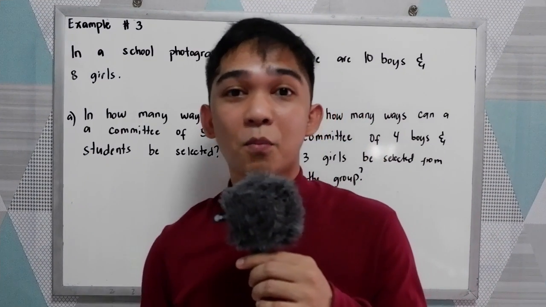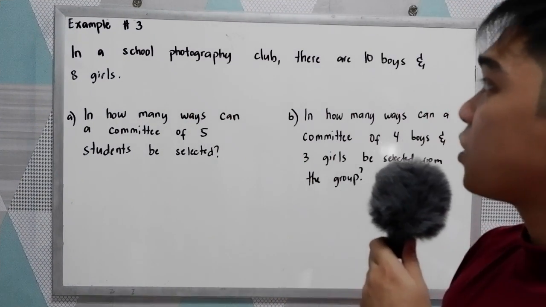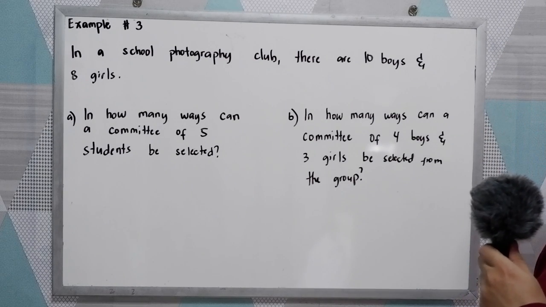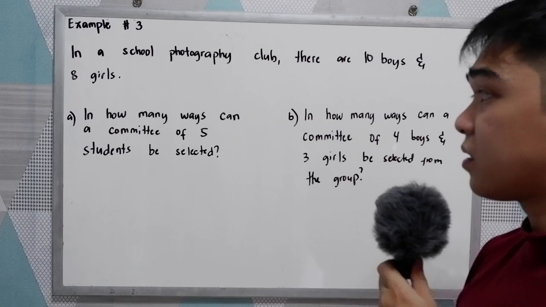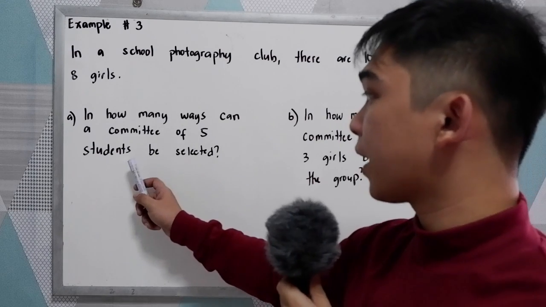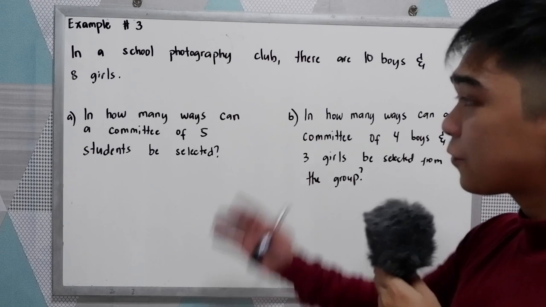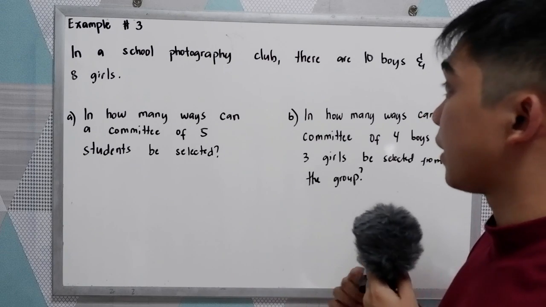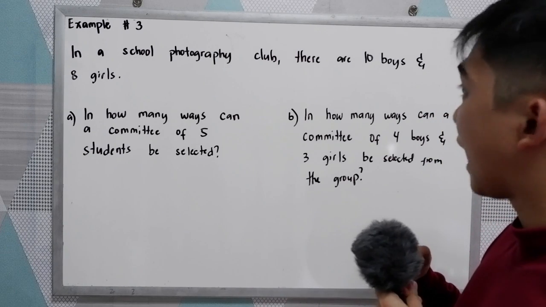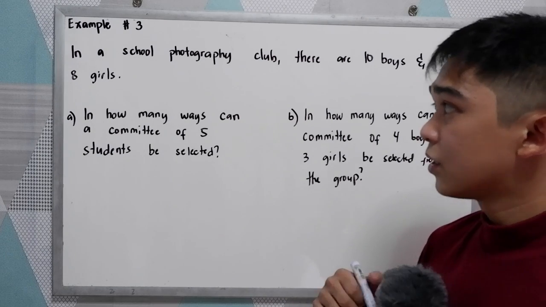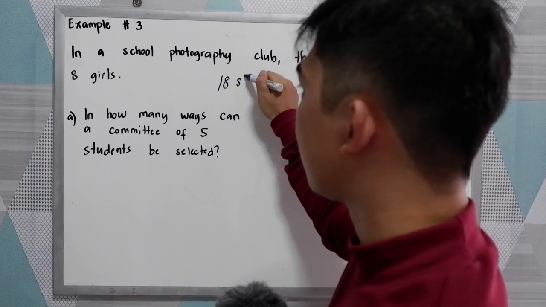So another example, our last example. Now example number 3. In a school photography club, there are 10 boys and 8 girls. Letter A, in how many ways can a committee of 5 students be selected? So let us find first the total number of students. We have 10 boys and 8 girls, so a total of 18 students.